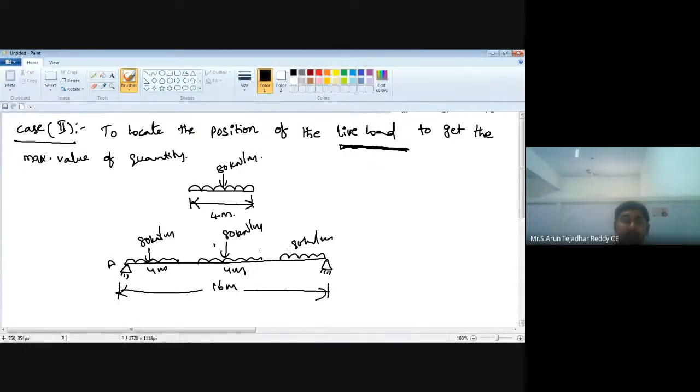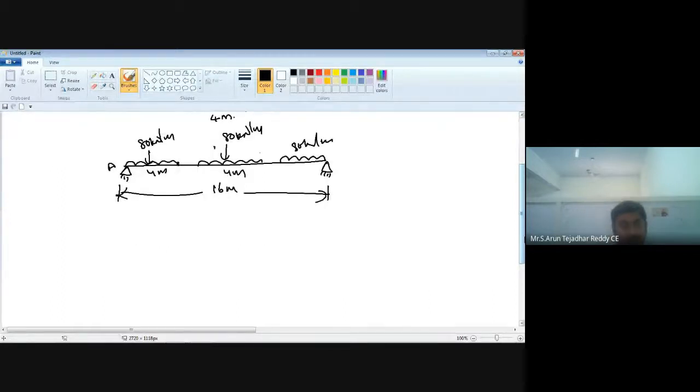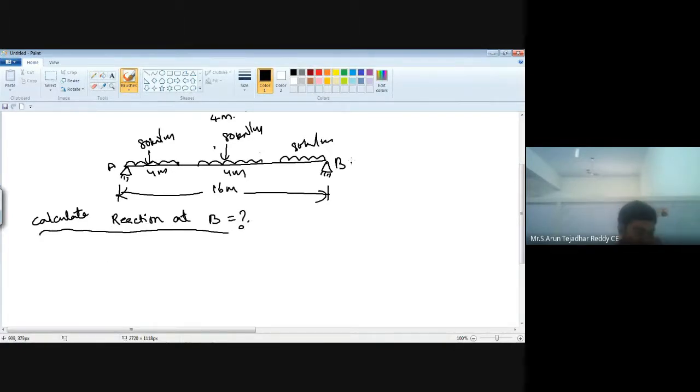First of all, we'll find the position here. That is how to find the position based on given value only. That is, calculate reaction at B. So he is asking calculate reaction at B. So this is our B. It means, where can I locate that UDL with 4 meter?